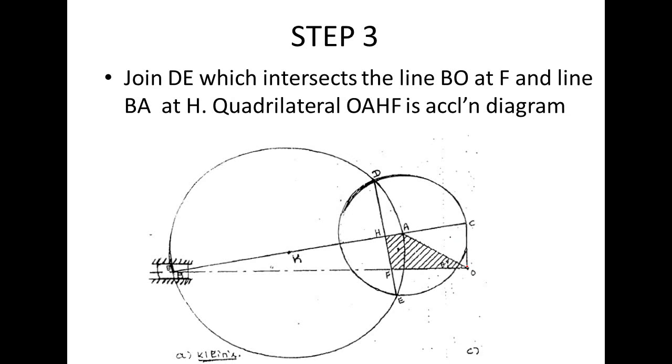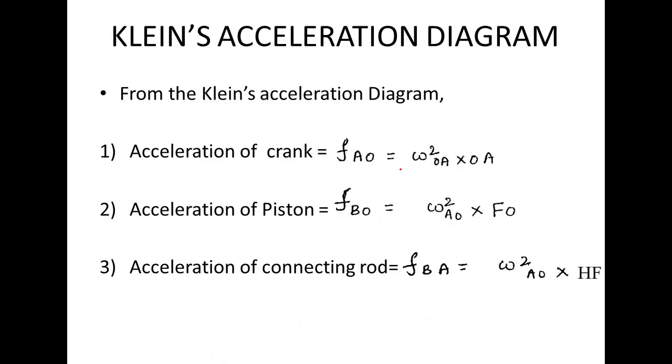In the figure, AO is the crank, so f_AO is equal to omega square, the square of the angular velocity of the crank, multiplied by the length of the crank. If you have considered a scale, then you have to multiply the scale factor also.